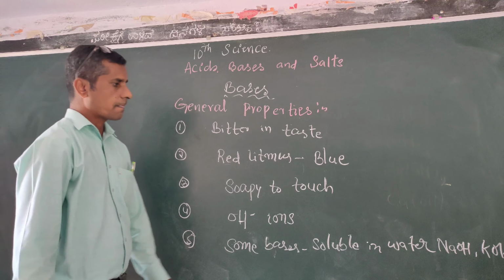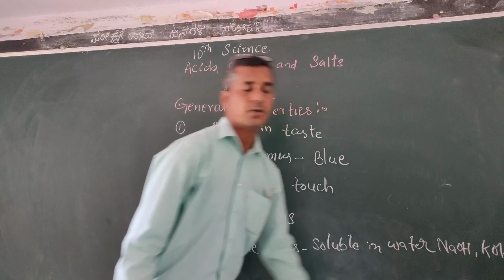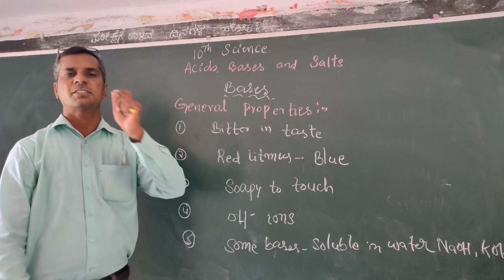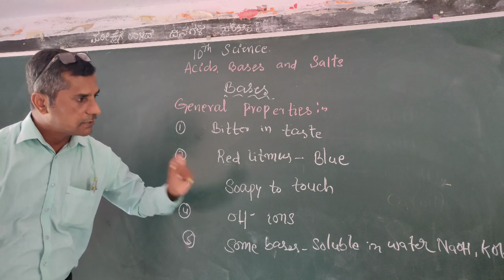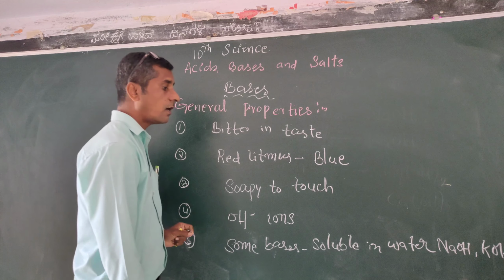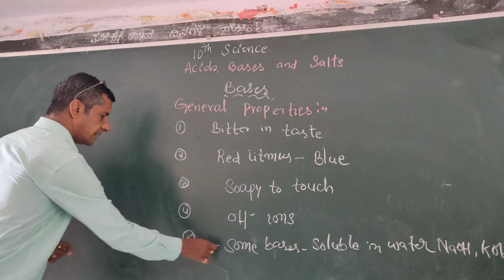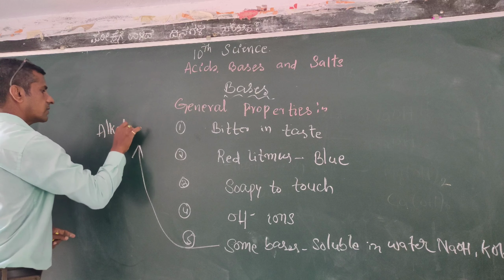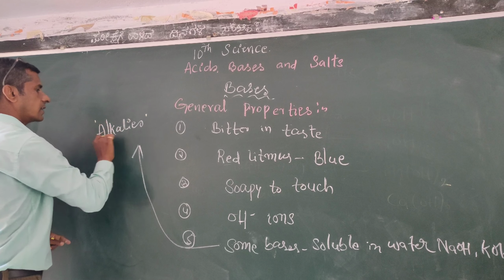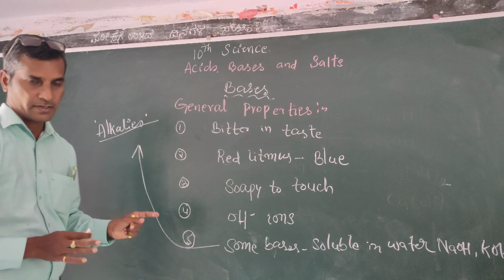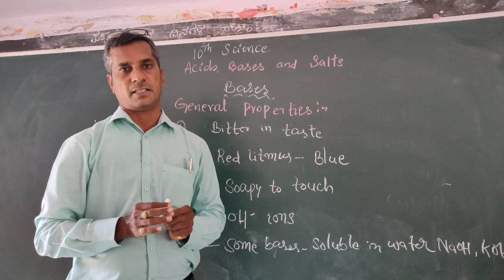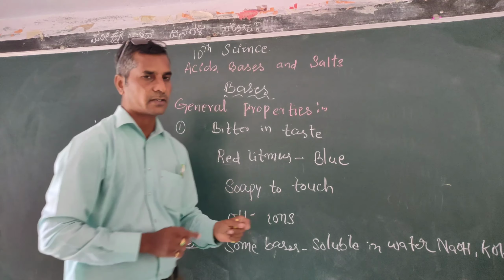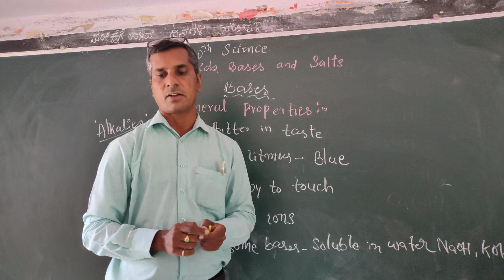Let's see here, sodium hydroxide and KOH are the water soluble bases. There is a special word for such bases, that is called alkali. I write the word here, alkali. So what are alkalis? Alkalis are nothing but the bases which can dissolve in water. The best examples for alkalis are sodium hydroxide and potassium hydroxide.